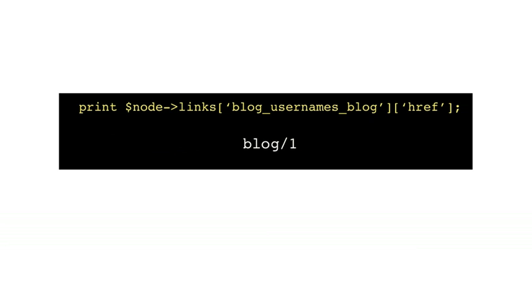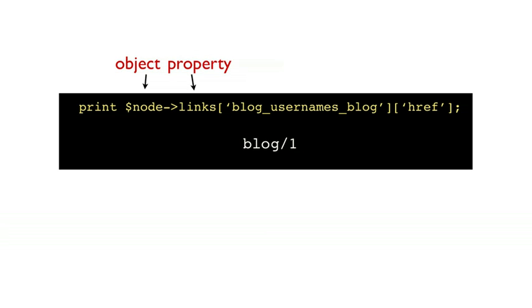In a more complex example, something that we may actually run into in Drupal theming, we'll see that we can chain these things together to get quite complicated data structures. So in our first example, we're printing the node links item. We have a node object in which we're referencing a certain property known as links.